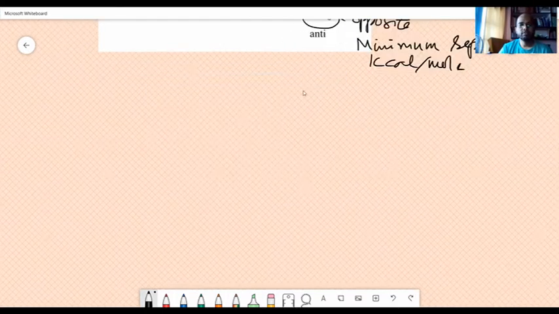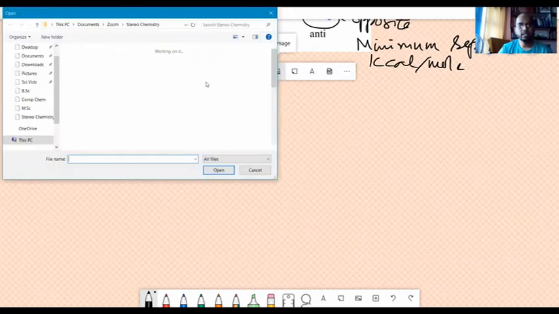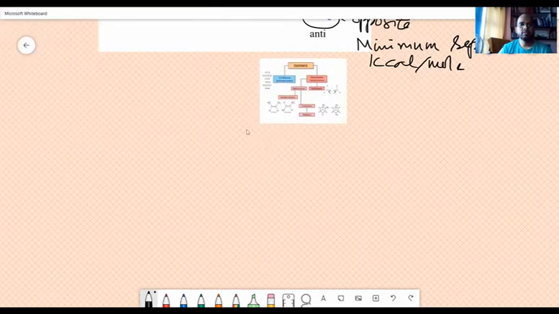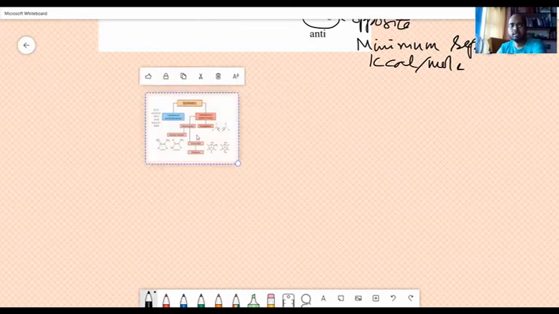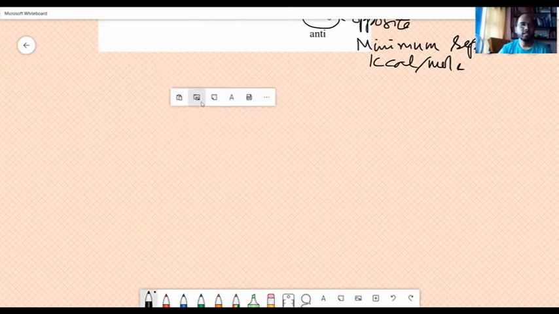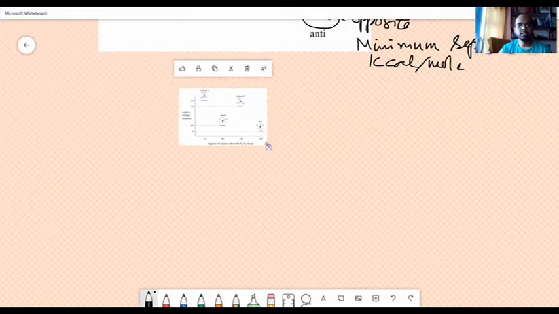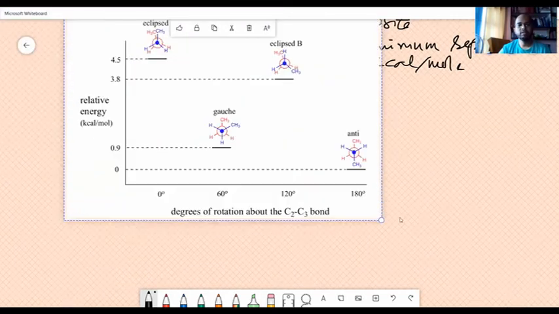So all the different conformers with the degree of rotation and energy calculation are summed up in this diagram. It is a very important diagram which shows the energy of the different forms. You have to write that particular energy in almost all the questions asked in connection with this.